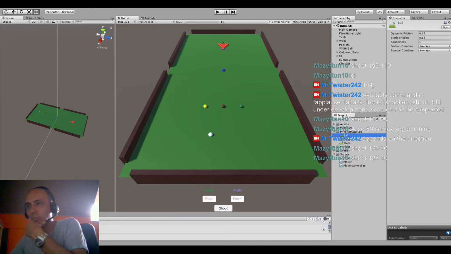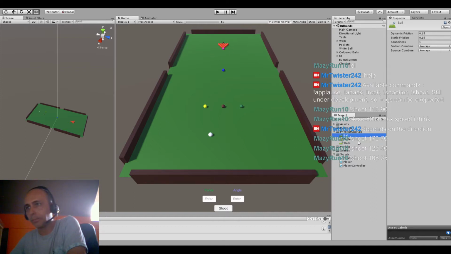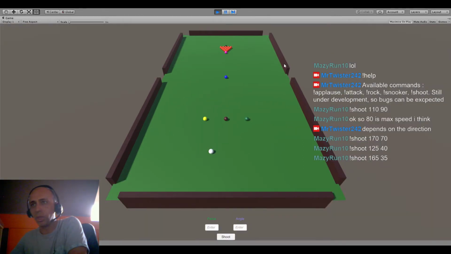So I had different physics materials applied to the table, to the walls, and to the different balls. Yeah, the game's not running, so I'll have to relaunch it maybe, but you see I played around with lots of these parameters for the physics, because this uses the Unity physics engine.